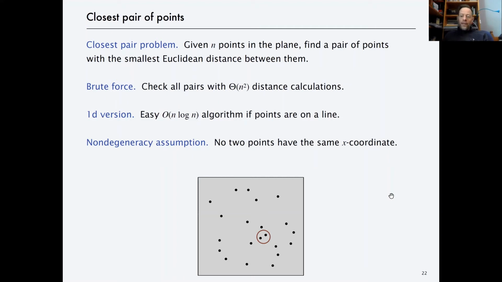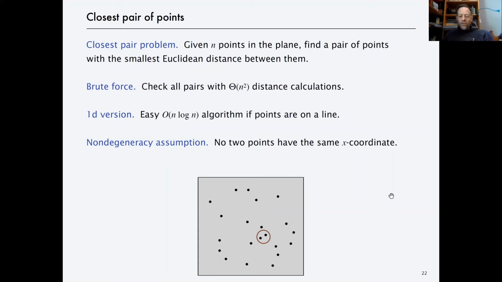If we assume that all the points are on a line, then we can find a solution in n log n, because then it's basically about sorting these points. For each point, take the one next to the left and next to the right, and the shortest distance has to be among those. So then we could do it.